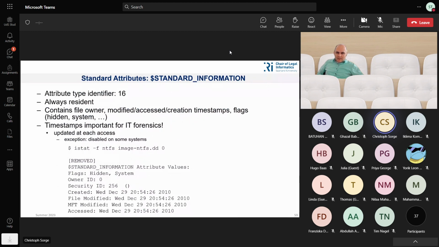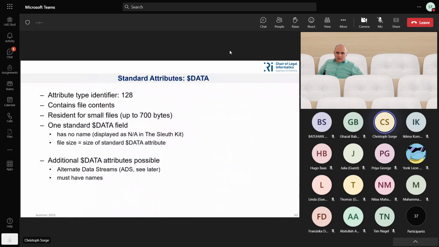The typically most complex one was the data attribute, because you often have the data not within the MFT, because the files are too big, but they have to be stored on another position on the hard disk.